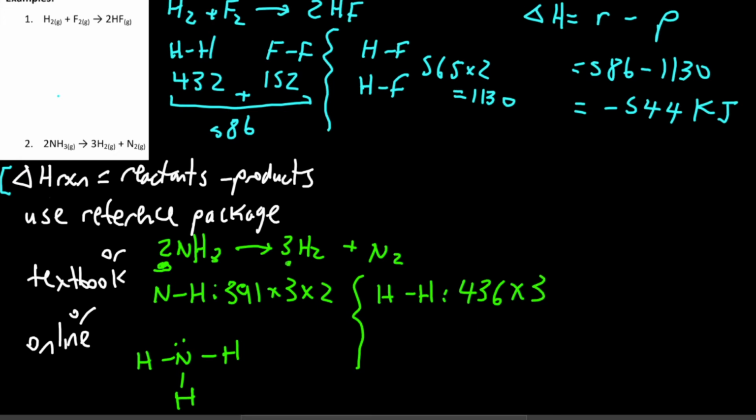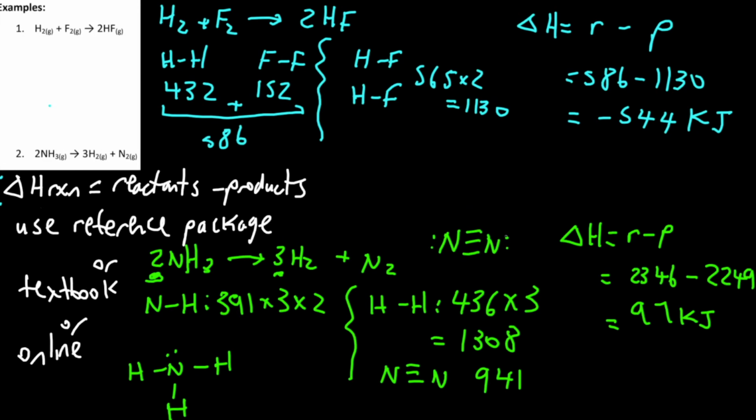When you multiply this together, you're going to get 1,308. And in terms of the nitrogen, it is actually N triple bond N. In the reference package that I have, N triple bond N, the energy is 941.